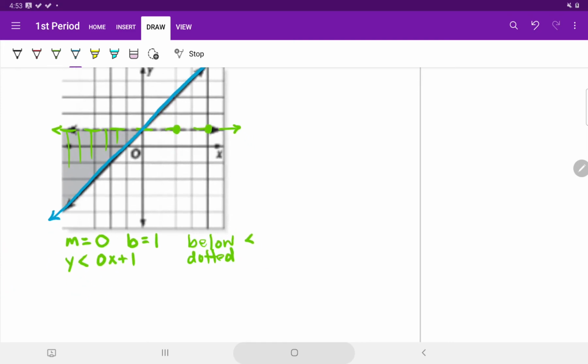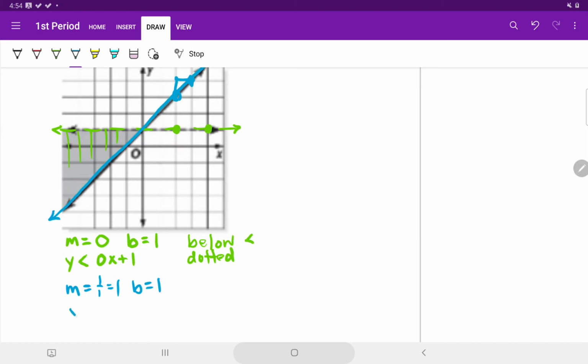Now for blue, if I pick any 2 points, how about these 2 right here? It looks like my rise over run is 1 over 1, which is just positive 1. My y-intercept is 0. No, I'm sorry, I didn't look at that right. That goes through the point positive 1.